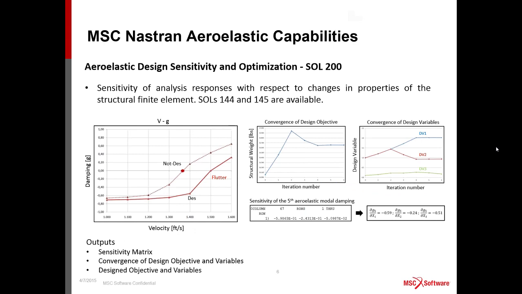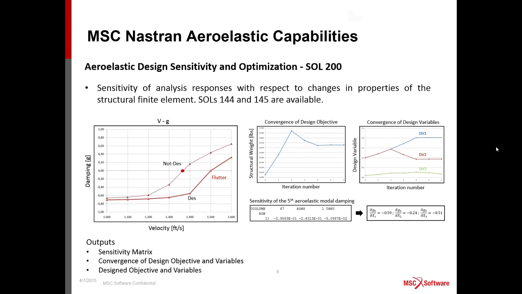so I even wanted to present something about optimization, because sometimes we don't think that SOL 200 is available for elastic solution, but it is. So if we want, for example, to perform a design sensitivity and optimization process in SOL 144 or 145, we can do it.